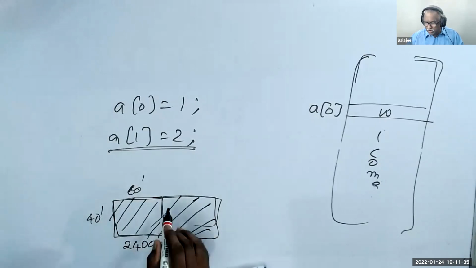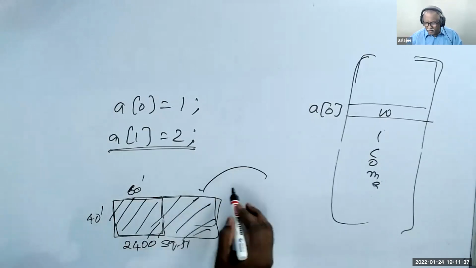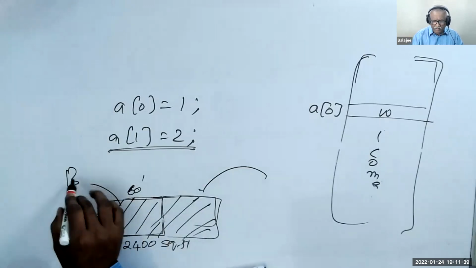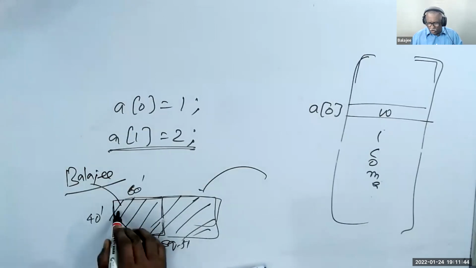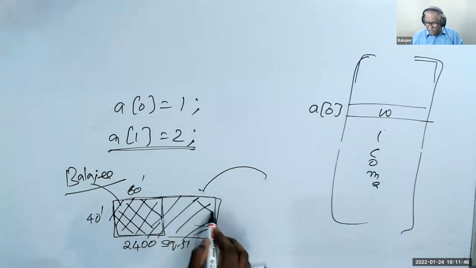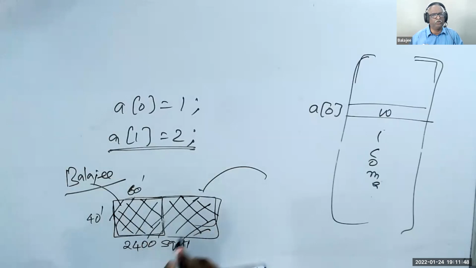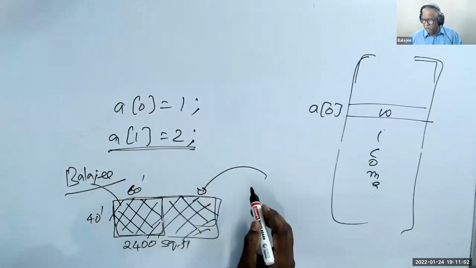Tomorrow, the corporation allocates this space to somebody else. Today, it is given to Balaji. Balaji, instead of constructing the house on his area, has constructed the house on the next area also, because that was vacant at that time. But that place was to be allocated for Salim.